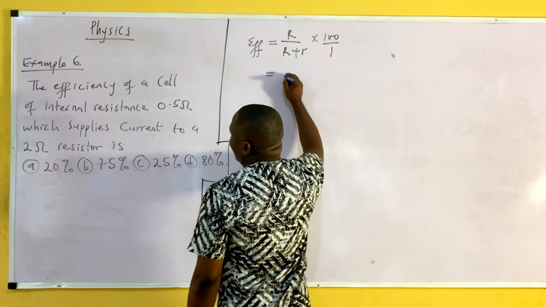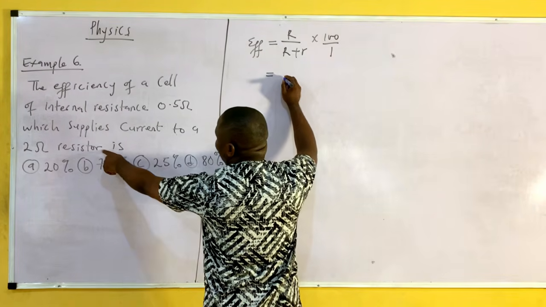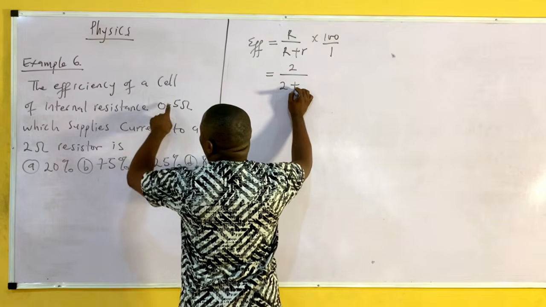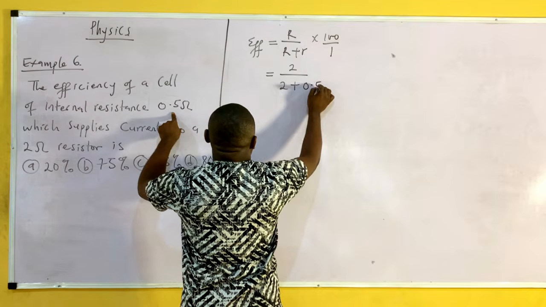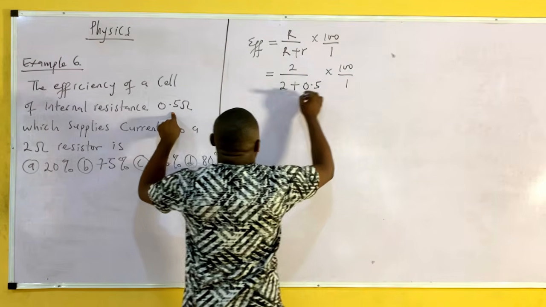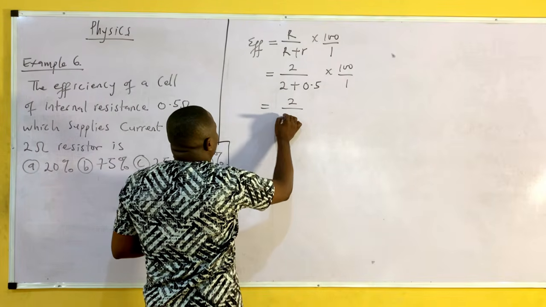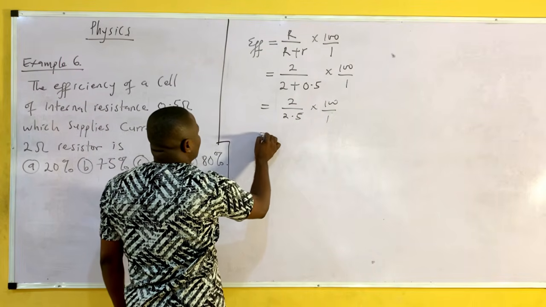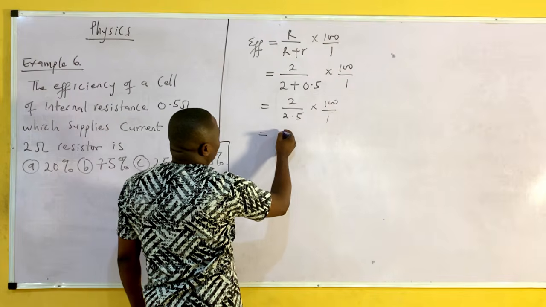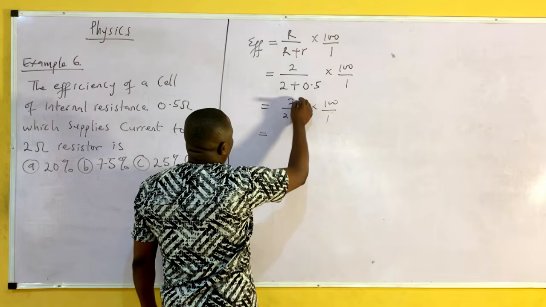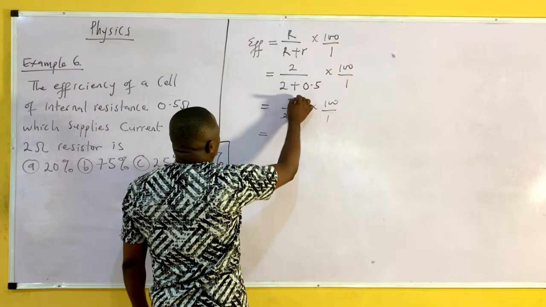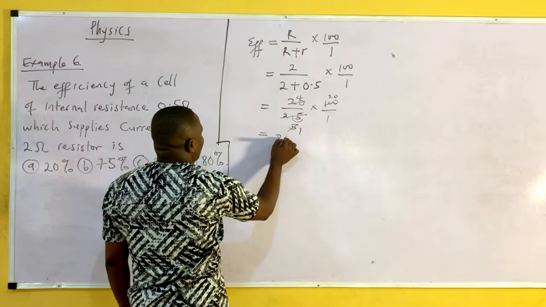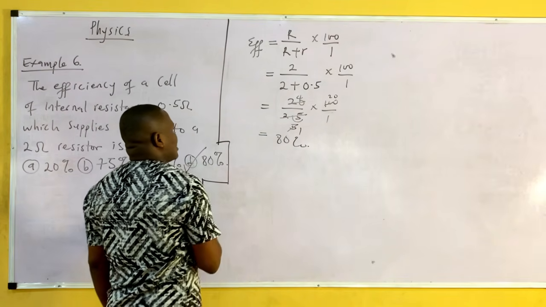So our big R, which is our external resistor, is 2, over 2 plus the internal resistance 0.5, times 100 over 1. So this is now equal to 2 over 2.5 times 100 over 1. So this becomes, take this there, this is now 5, this is 4, this here 1, this here is 20. So the answer becomes 80%. That's the answer to this question.